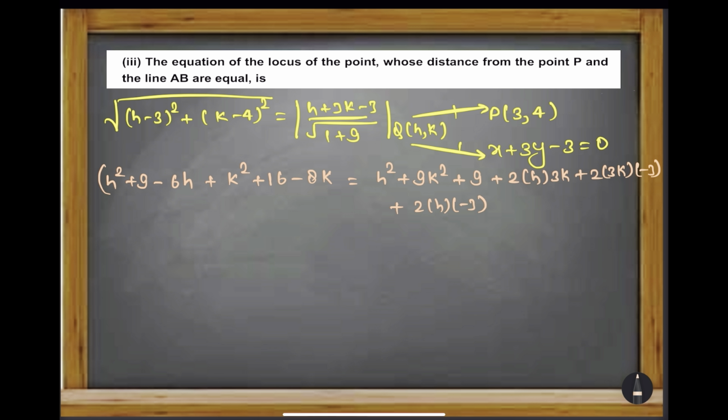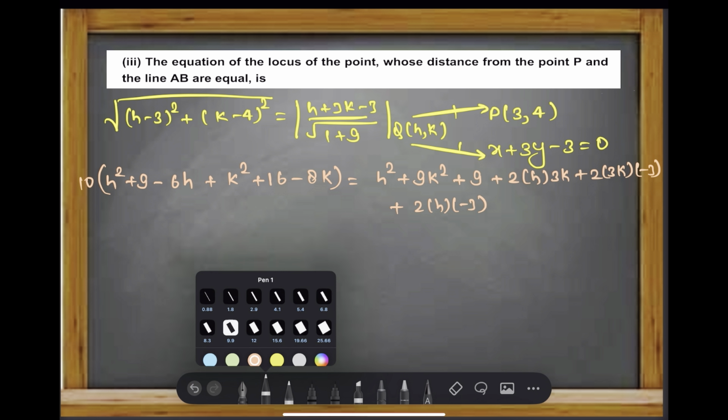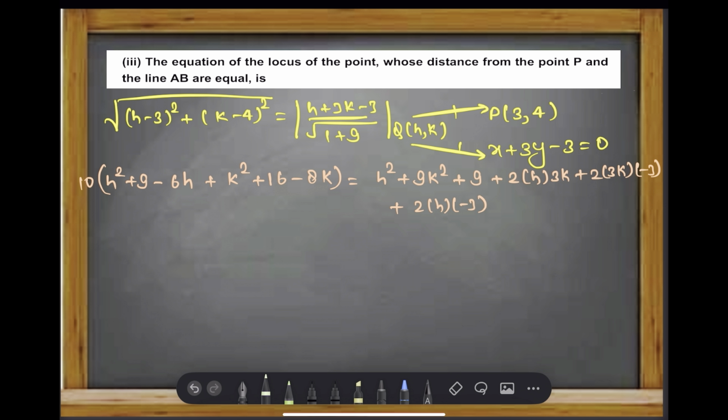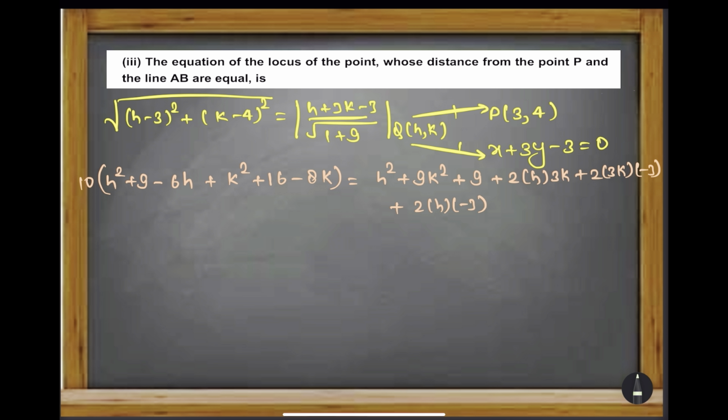So I'll multiply both sides by 10. Okay, now let's rearrange things, and I'll replace h with x and k with y.